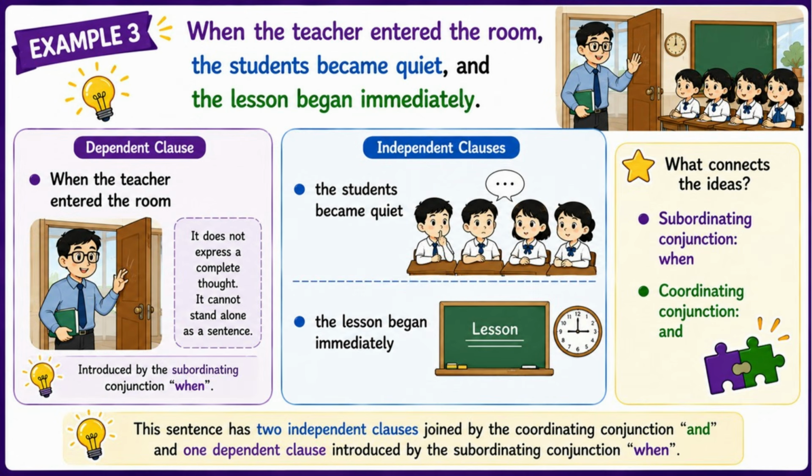Example 3. When the teacher entered the room, the students became quiet and the lesson began immediately. The dependent clause is "when the teacher entered the room." It does not express a complete thought. It cannot stand alone as a sentence. It is also introduced by the subordinating conjunction "when."